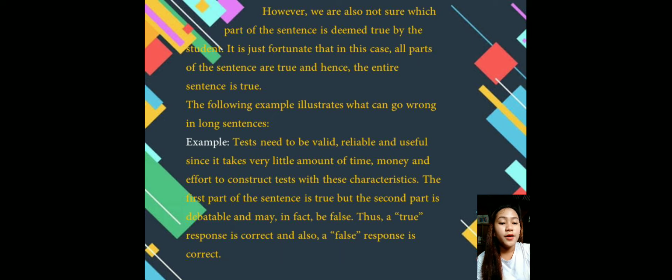The following example illustrates what can go wrong in long sentences. So what I should say is that short sentences but reliable are always true.